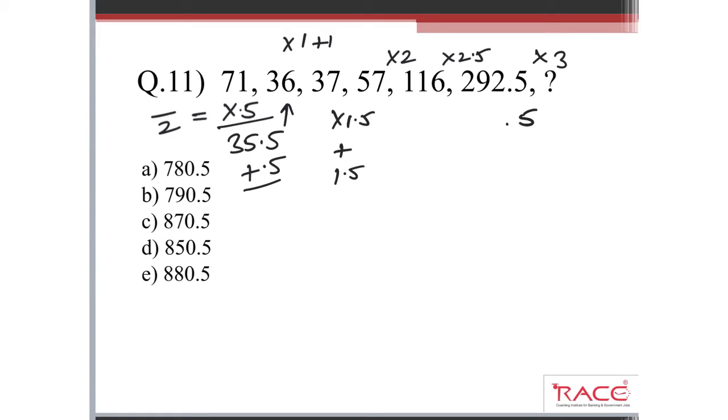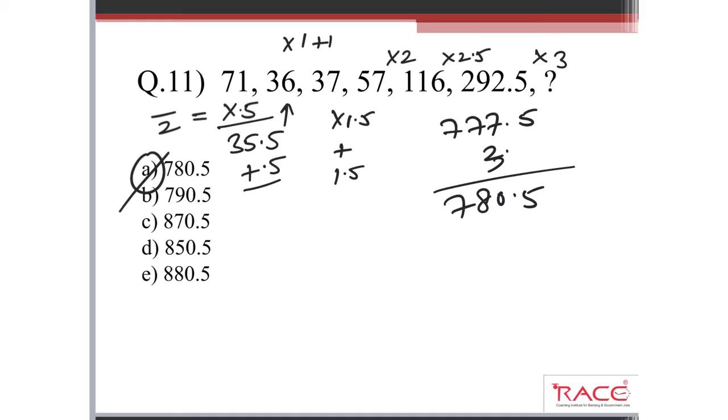So 15, 3, 7. Okay, and 27 and 7 plus 3. So it will be 780.5, and A is our answer.